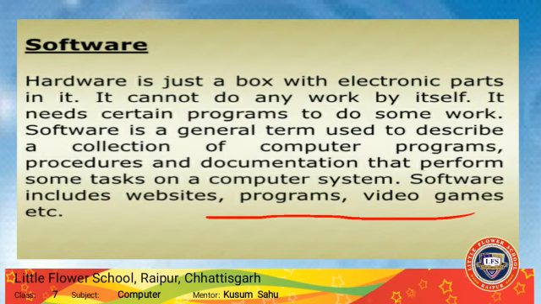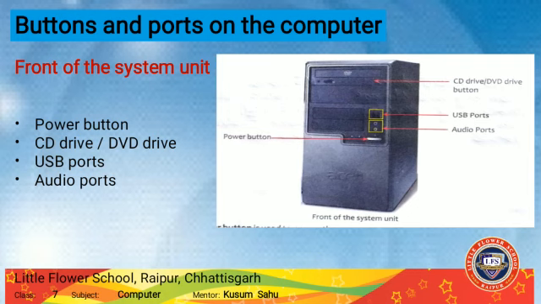Now come to the next topic, buttons and ports on the computer. As you can see in CPU box, there are lots of ports and buttons through which the input or output devices are connected. The front of the system unit. Here is a front picture of this CPU box of computer system.